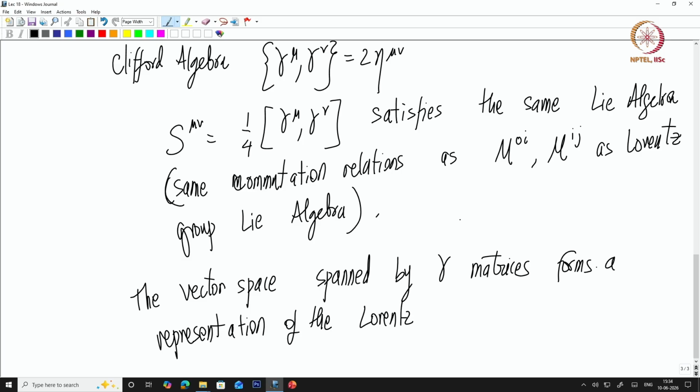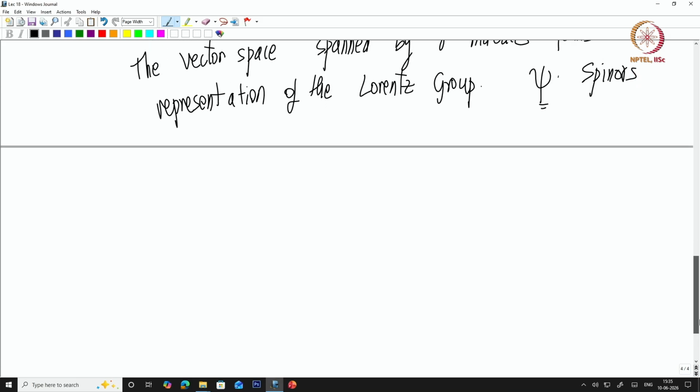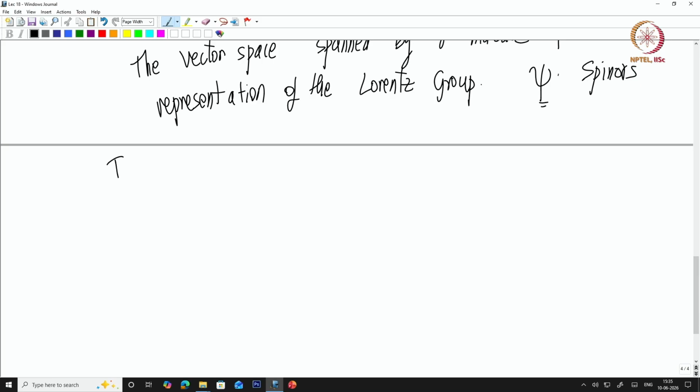So, the vector space is nothing but the spinors. Okay, these are the spinors psi. Spinors are mathematical objects, and these spinors form a representation of the Lorentz group. That means they are also particles which transform under the Lorentz group.